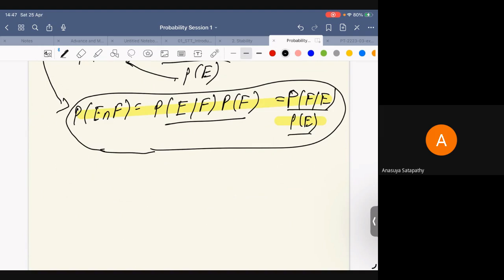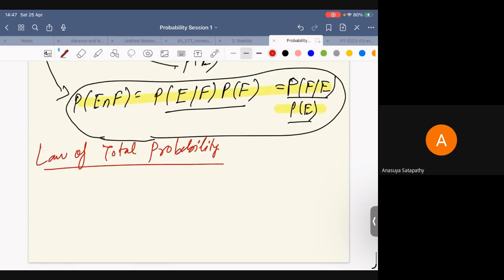And okay, the last one: law of total probability. What does it say? It says that the probability of E is equal to probability of E intersection F plus probability of E intersection F complement.